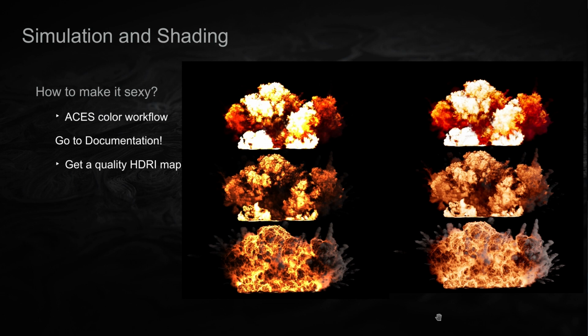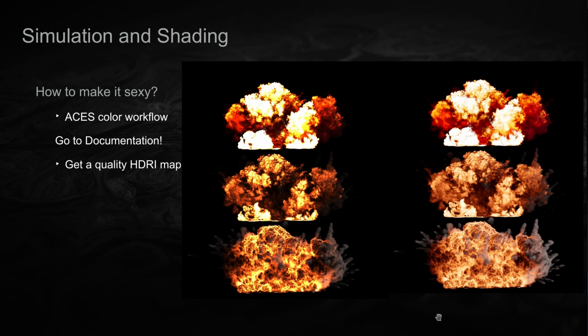And the other important thing is a good quality HDRI map. You can shade or light your explosions using area lights, but one of the easiest ways is to just drop down an environment light and use a good quality HDRI map.